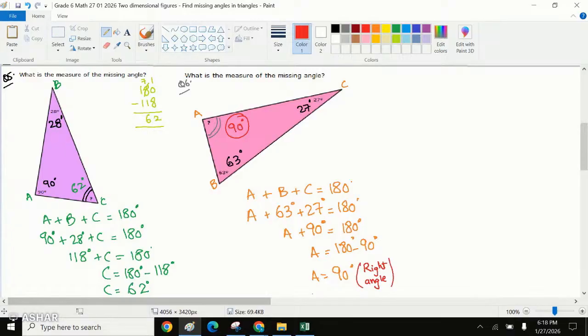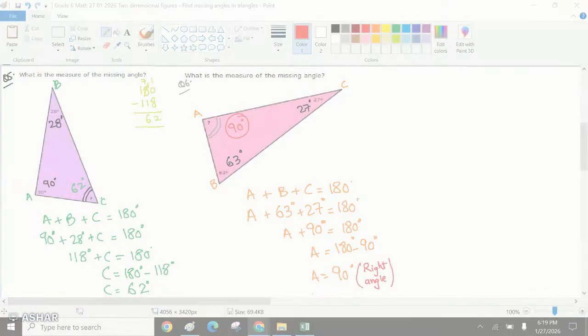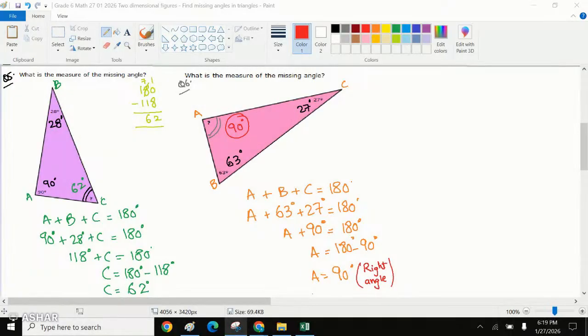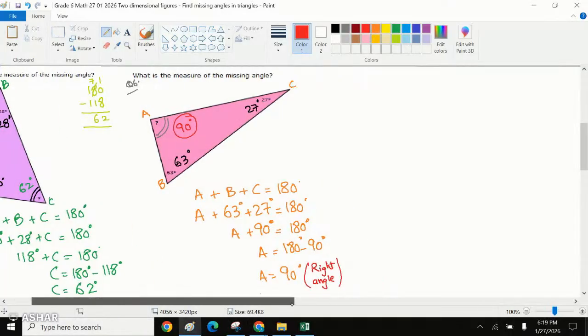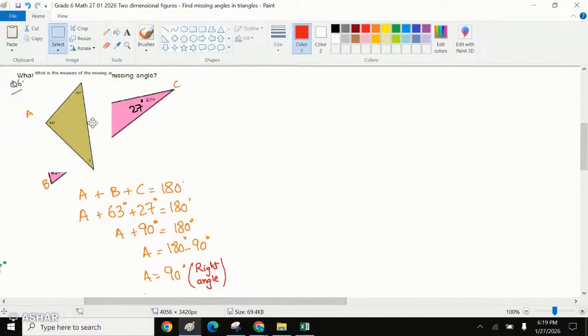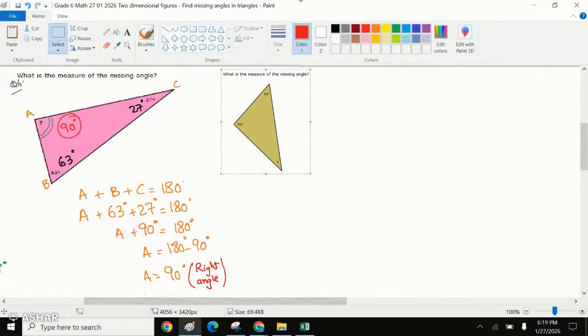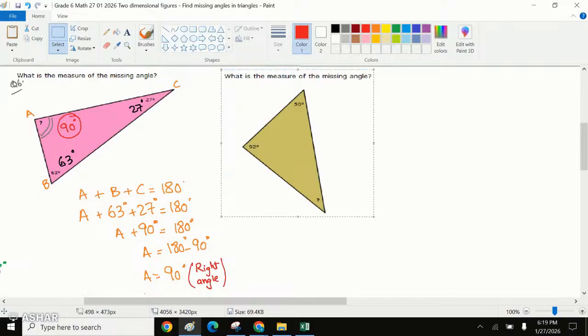Okay, let's move ahead. Let's look at the next question, what they're asking us to find. The next question says, what is the measure of the missing angle in which this angle is given to us? This is question number 7.